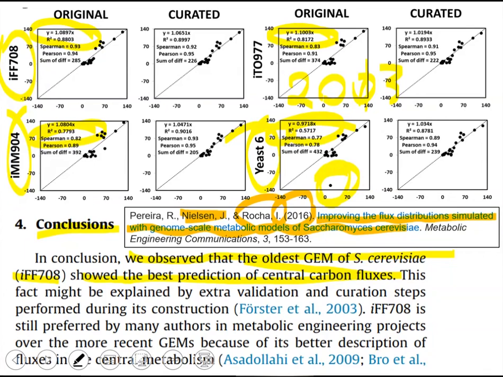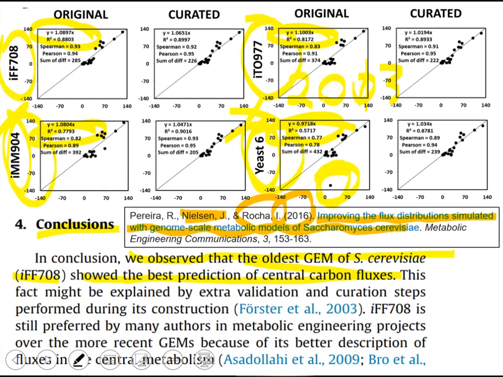So my point is, yes, they have improved the models in terms of gene coverage. This is important. Of course, there are more genes and more reactions available, so you have better coverage of the genome and also the metabolism of the organism, because of additional reactions, pathways, and genes.